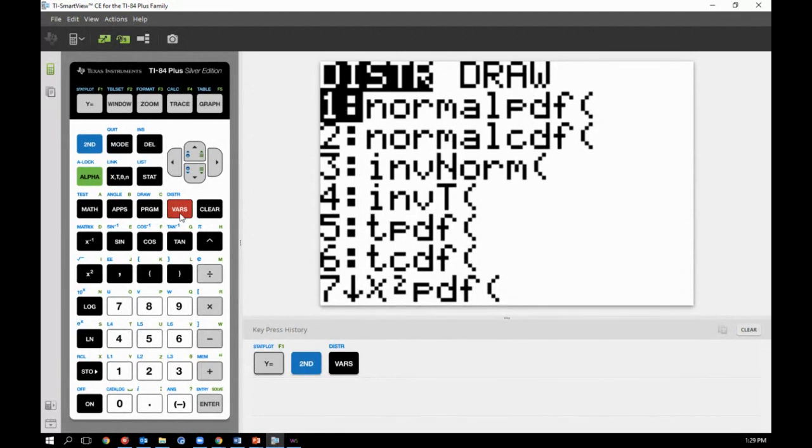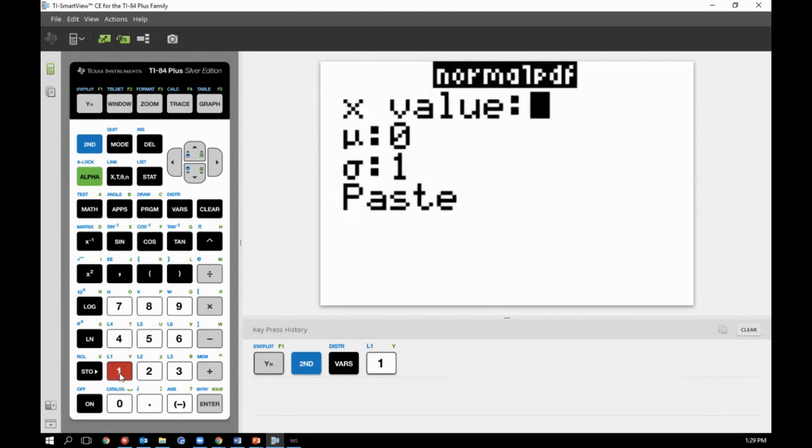Okay, we want normal PDF. So hit 1. And it's going to bring up what I call, or what really should be called, a wizard. If you've done any technology, especially in BIM, you may be familiar with wizards. It's like, I want it to do this. Okay, give me this info. And then it does it for you.